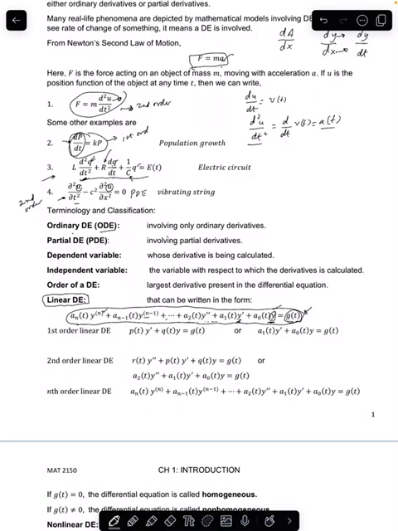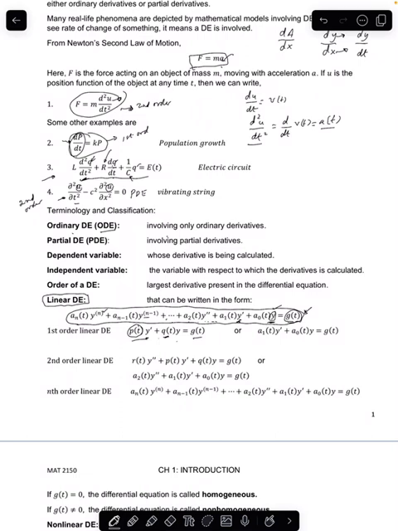Since this is a complicated one, let's look at some simple ones. A first order linear differential equation will look like this. A function of t multiplied by the first derivative plus a function of t multiplied by y, and then on the right hand side we can have a function only of t.